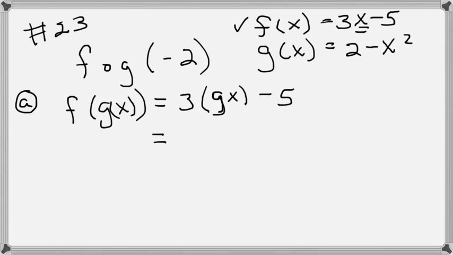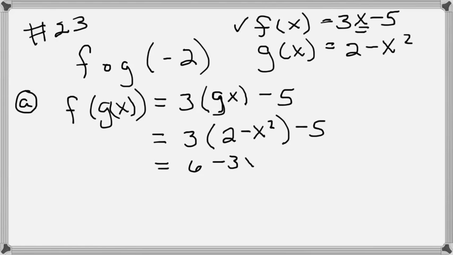Alright, now, since we know that we're letting x be 2 minus x squared, we're going to put in 3 times 2 minus x squared minus 5. Now, this is distributive property, so 3 times 2 will give us 6. And 3 times negative x squared will give us negative 3x squared minus 5. And if you put your like terms together, a positive 6 and a negative 5, you'll get negative 3x squared plus 1.